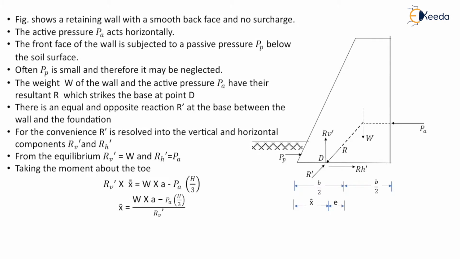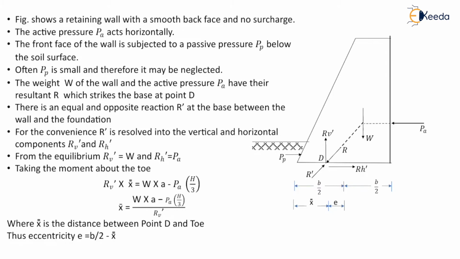So X bar becomes equal to W into A minus PA into H by 3, divided by RV dash. Here X bar is the distance between point D and toe. The eccentricity E is equal to B by 2 minus X bar, and B is the width of the base.